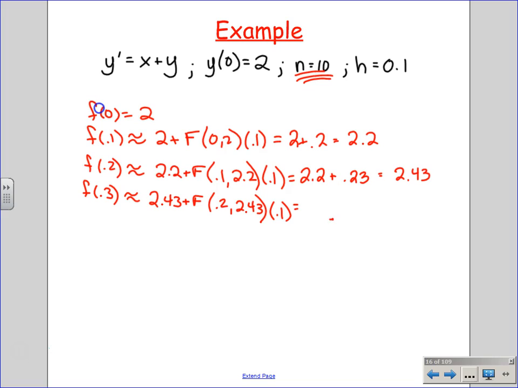I should probably do this. Not equals. You guys still using approximate?